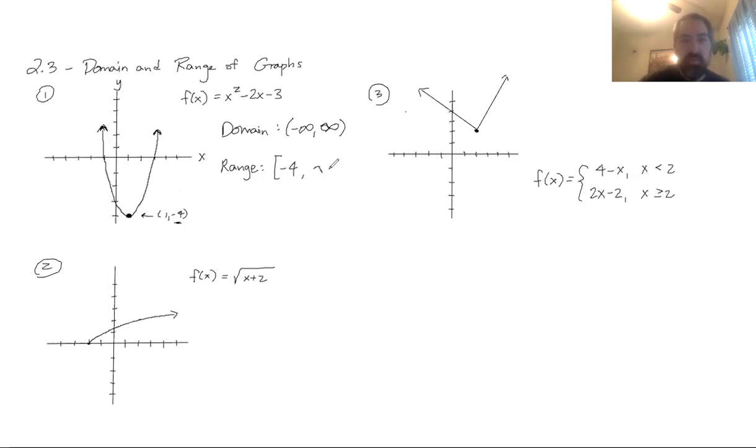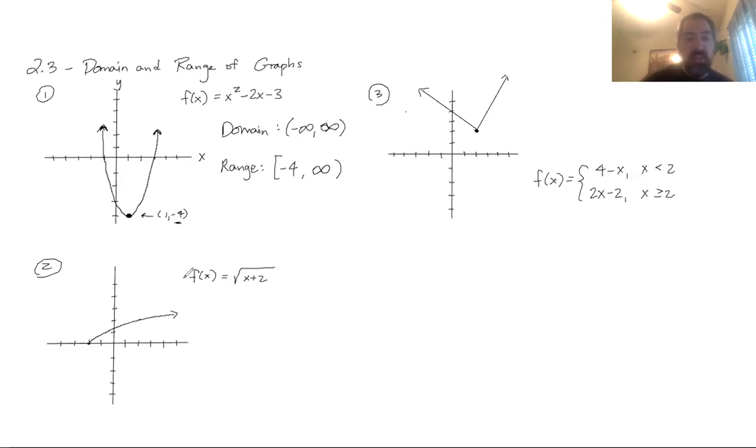So there's no bound on how large the y values can get. So we'll write that as infinity. -4, infinity, bracket around the -4, parentheses around the infinity. And there are no jumps, no breaks in the graph. So that would be our range. All the outputs can be anywhere between -4 and infinity.